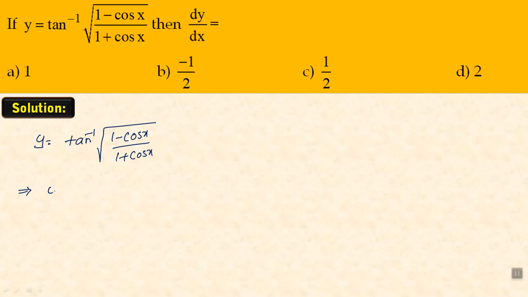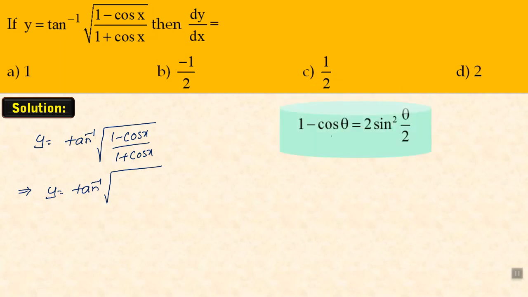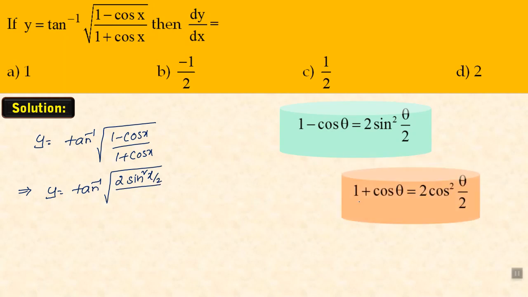This implies y is equals to tan inverse of square root of 1 minus cos x. We know that 1 minus cos theta is equals to 2 sine square theta by 2. So here 2 into sine square x by 2 divided by 1 plus cos x. We know that 1 plus cos theta is equals to 2 cos square theta by 2. So here 2 into cos square x by 2.